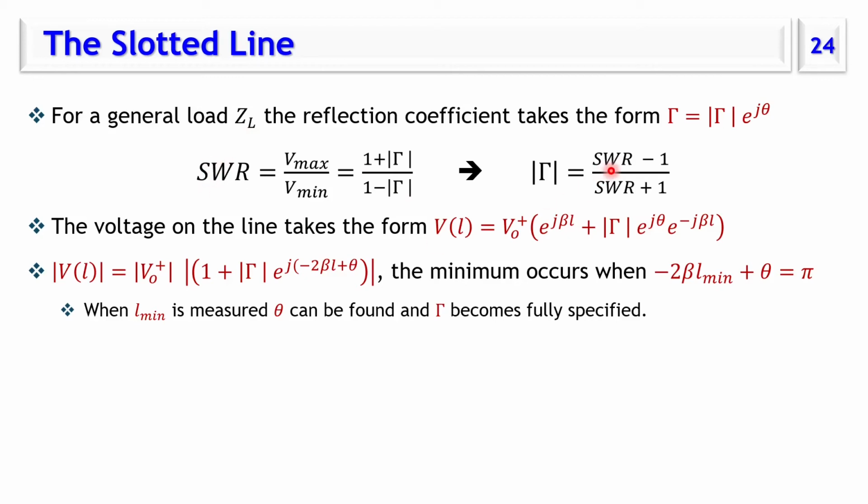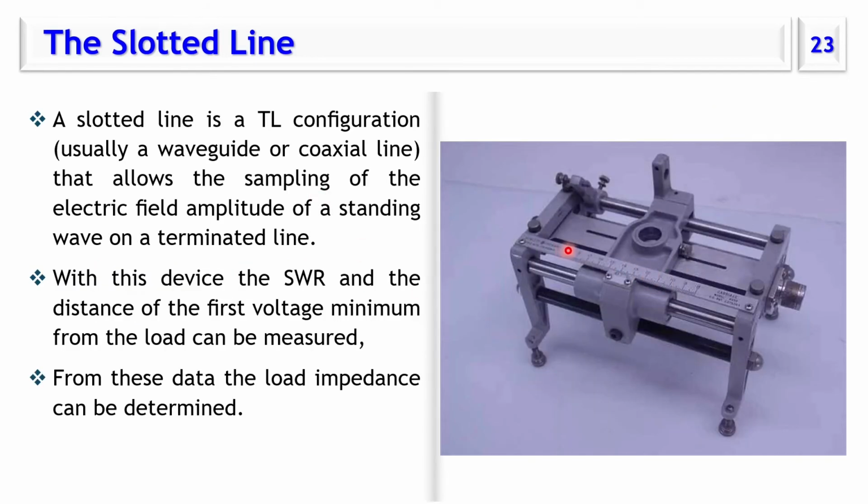So actually this slotted line can be used to do two things. First, the ratio between V maximum and V minimum. We move the measurement point on the line to find the maximum voltage, and move again to find the minimum voltage.